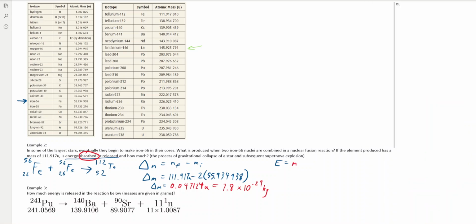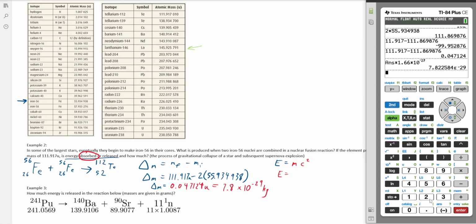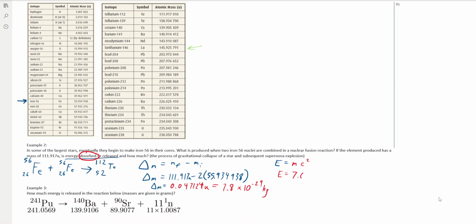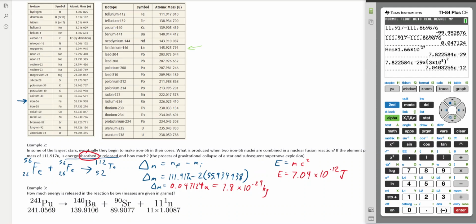Now, energy equals change in mass times speed of light squared. So energy is going to be that same mass number times 3 times 10 to the 8, which is our speed of light, but we're squaring that. And so we get an answer of 7.04 times 10 to the negative 12 joules of energy.